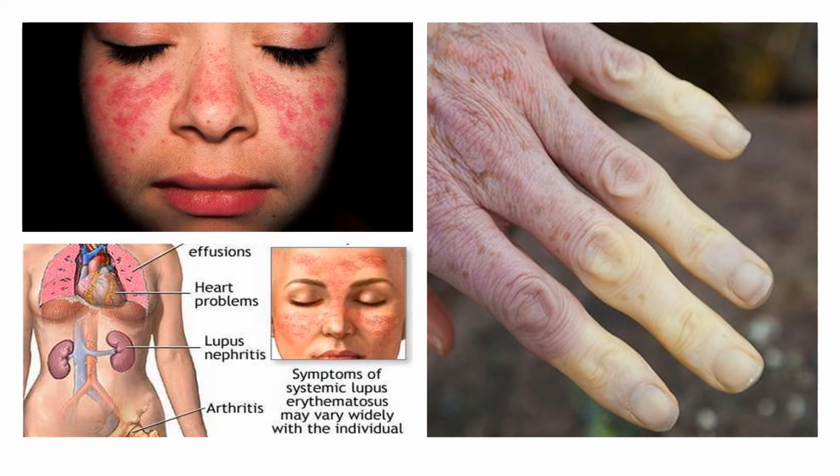Okay, so these are some of the clinical manifestations of SLE. The first picture here shows you the typical appearance of the butterfly rash that you can see across the nose and cheeks of a person with SLE. And this autoimmune disease could also affect other organs of the body like your lungs, your heart, your kidneys, and your joints.